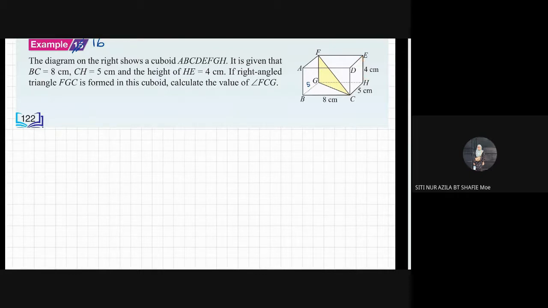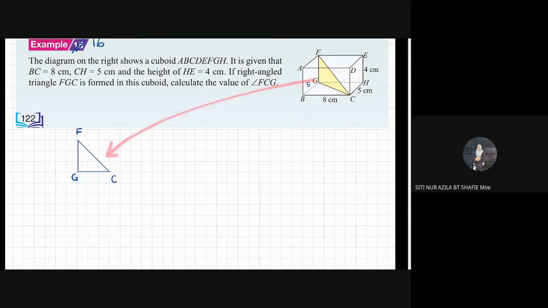Usually when you are given this type of question, you need to draw the right angle triangle again. So I'm going to show you the new drawing for right angle triangle FCG first. We have F, and then down here is G, here is C. I'm just drawing this yellow right angle triangle as a new one.